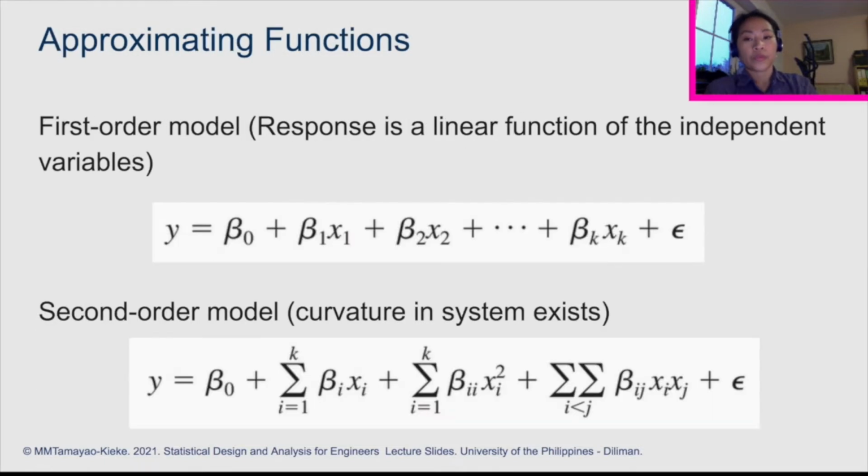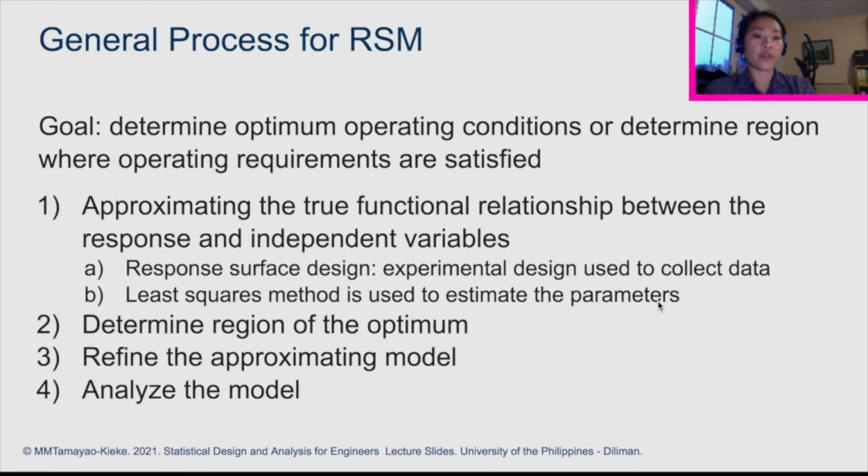A note on this: in most cases, if you're still far from the optimum region, a first order model is usually adequate. Now once this is not adequate, and you have to proceed to approximating the true functional relationship using a second order model, then that is an indication that you are in the optimum region.